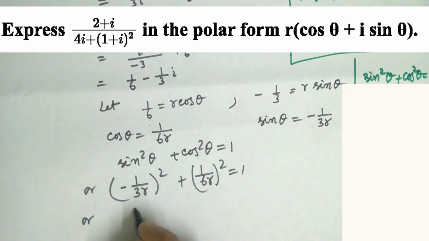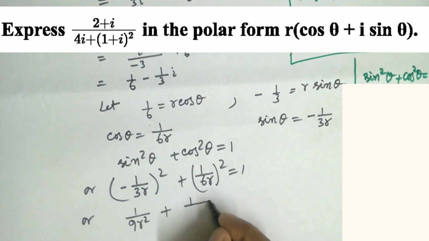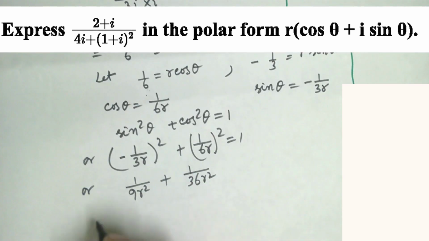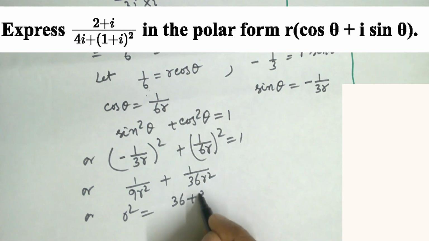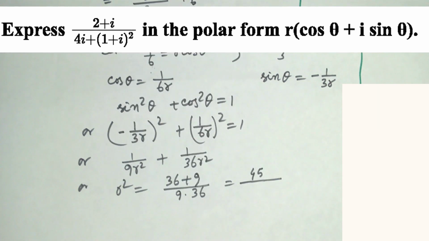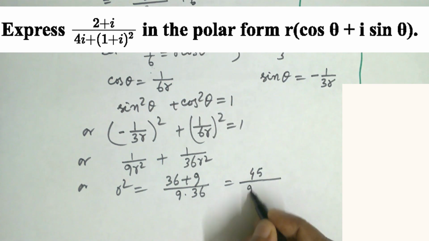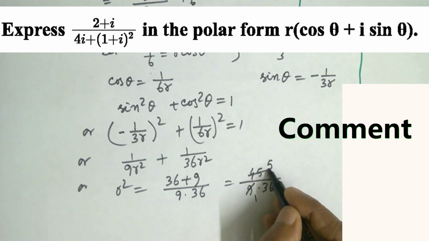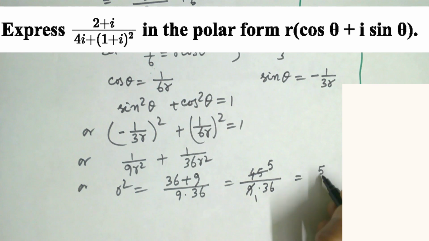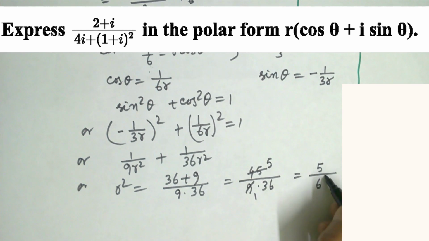Hence 1/(9r²) + 1/(36r²) = 1, or r² = (36 + 9)/(9 × 36), that is 45/(9 × 36), and the 9 cancels, giving 5/6².